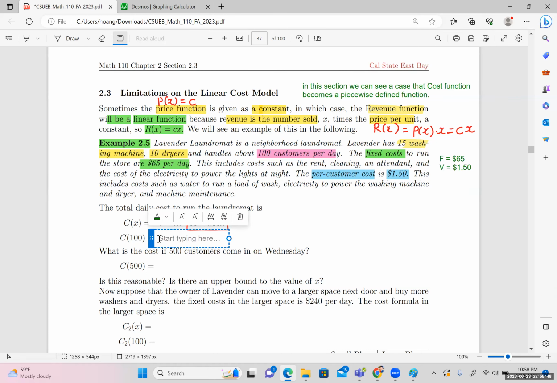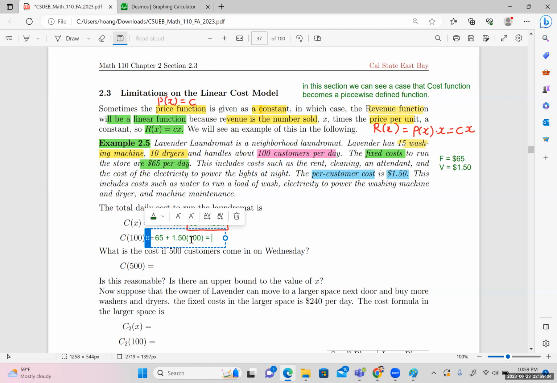Let's count how much it costs for 100 customers. Using the cost function here, I change x to be 100.